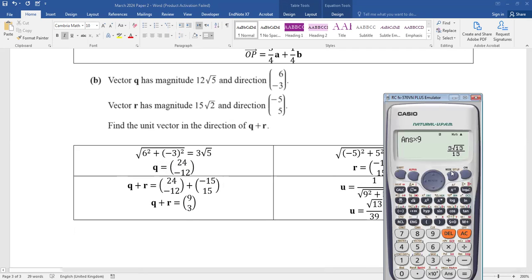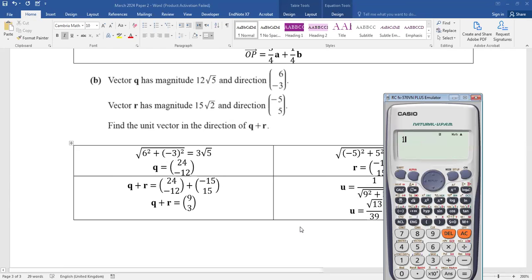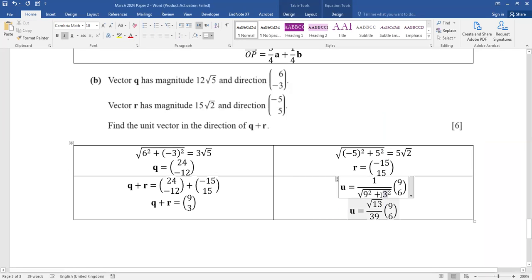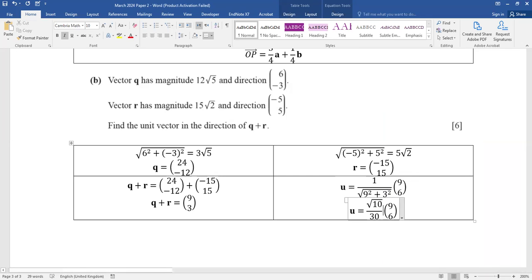So now if I do this, under root of 81 plus 9, that is 3 under root 10, and 1 divided by the answer is under root 10. We can leave the answer like this, or if you want, we can simplify the scalar multiple as well. But even this way, the answer looks fine.